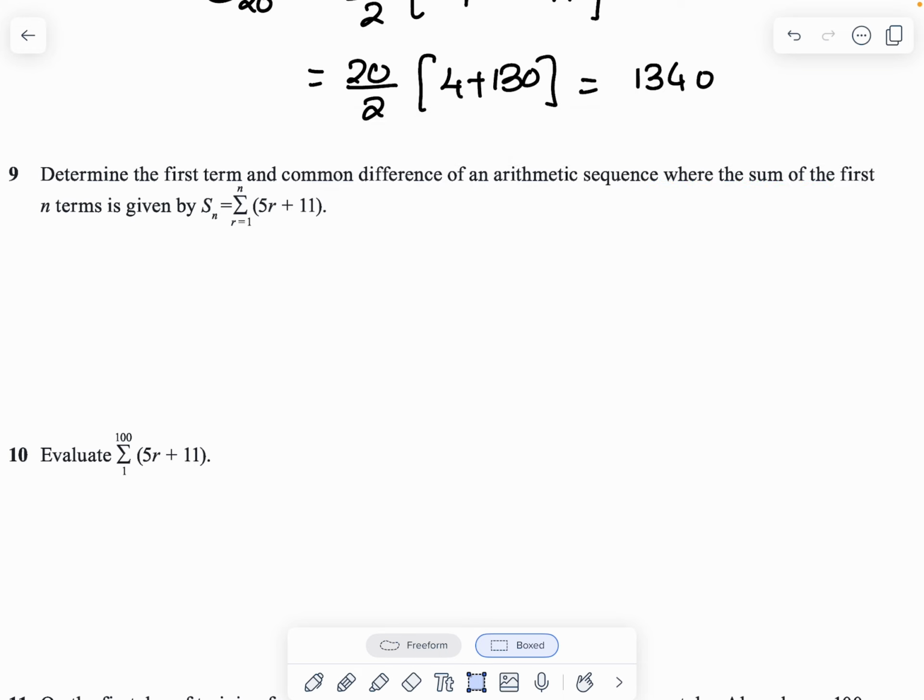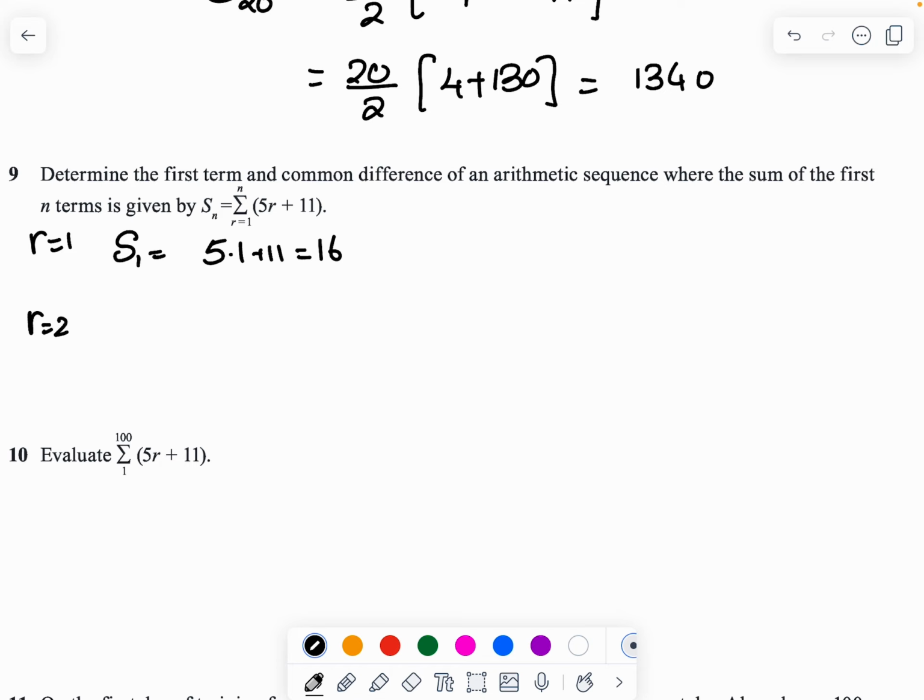Just once again, I plug in r equals 1. So I get s1, which is 16. Then if I substitute r equals 1 to 2, basically it should be like this, r equals 1 to 2, that will be equal to S2.